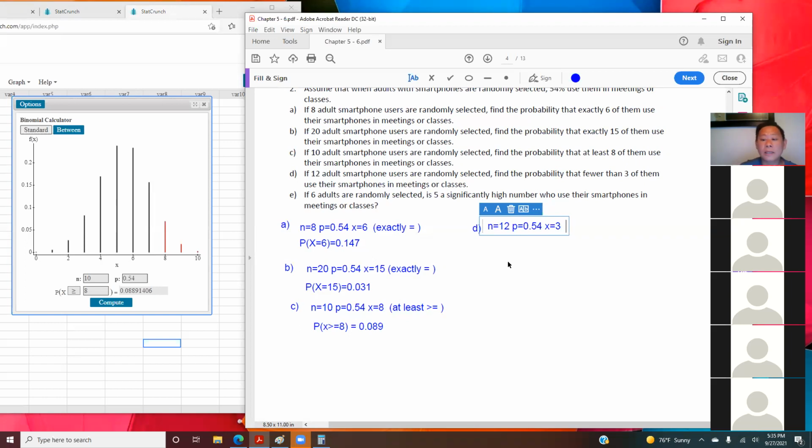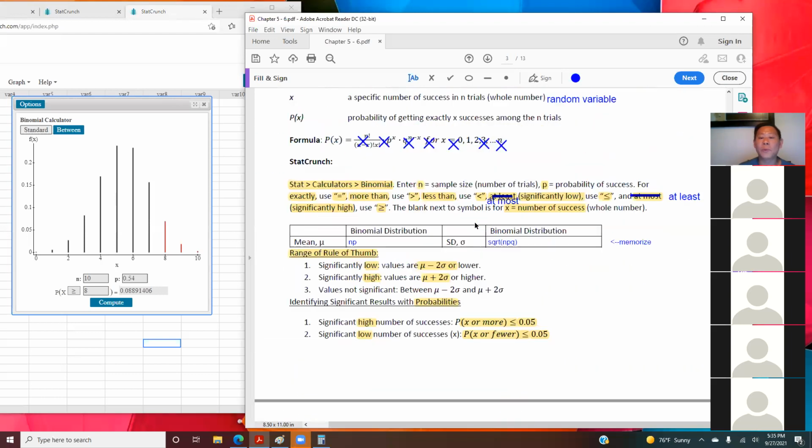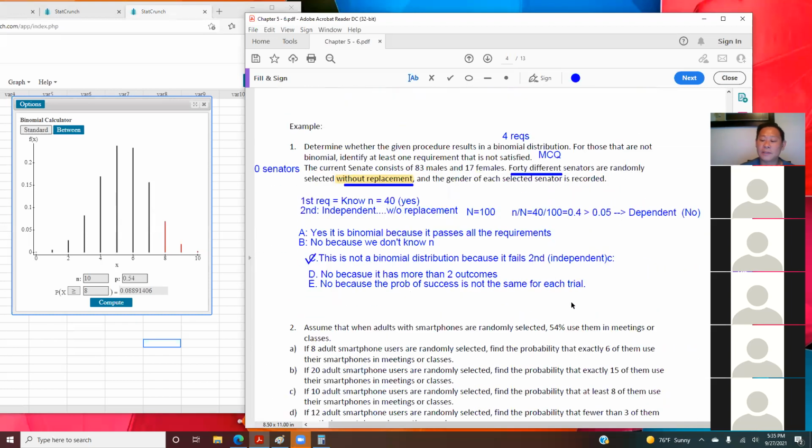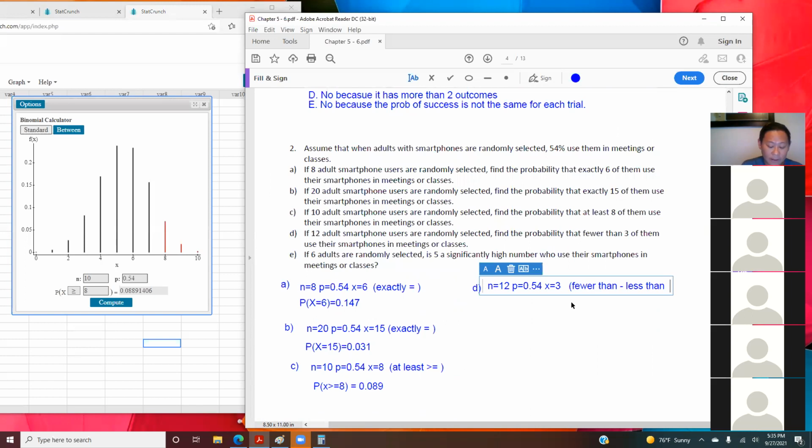Yep. And the keyword that we're looking for is fewer than, which is the same thing as less than. So which symbol do we use for fewer than, less than? This one, right? Yep. So you have to use this symbol for less than.